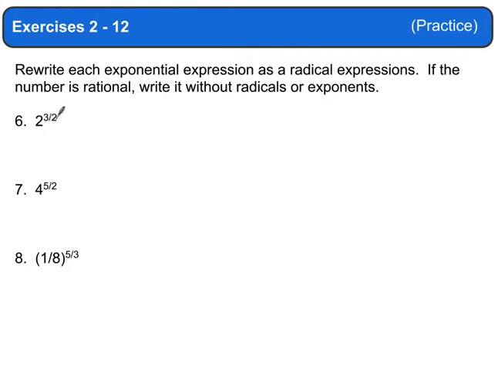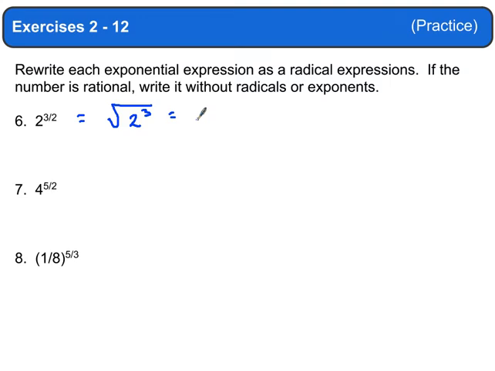Right? So this one, notice now we're talking about 2 different numbers besides a 1. So this would be the square root of 2 to the 3rd power. Now they say in these, if the number is rational, write it without radicals or exponents if possible. So this would bring up those exponent rules we did at the beginning of the year.